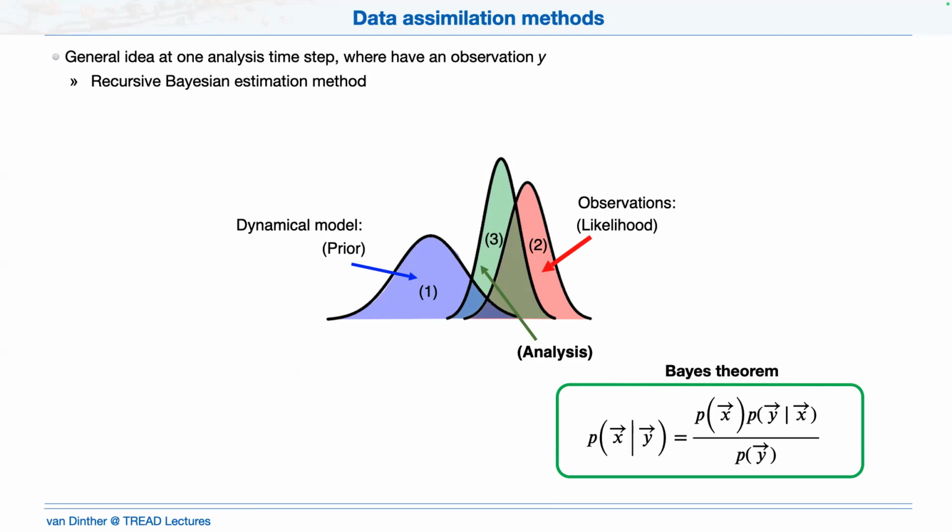That is equal to the prior probability that you had from the numerical model in blue, p(x), multiplied with the likelihood of an observation y, given a fixed model x. That is your red probability density function. And you divide that by the marginal probability of the observation, which is essentially to normalize the values that you're dealing with.